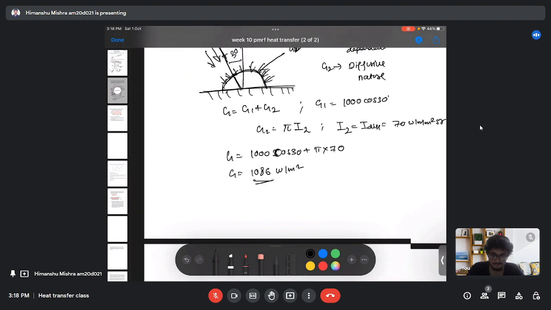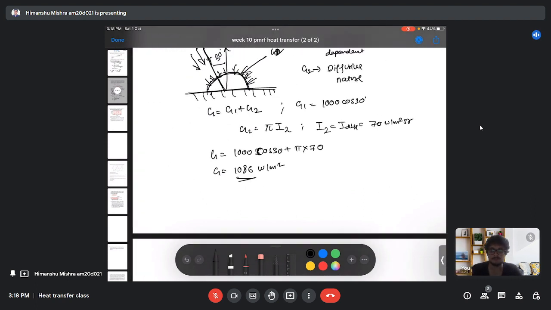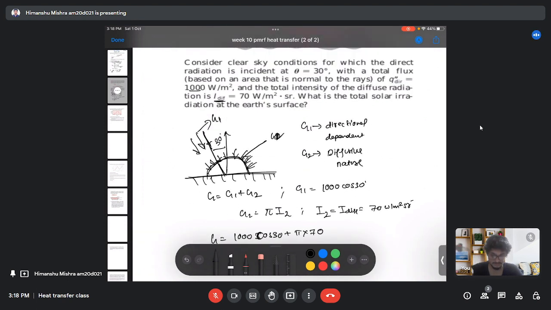So in this question, we are receiving the irradiation in two ways. First is directional dependent, which is coming through one particular direction, making an angle theta, and the other way is directional independent, where the radiation I am receiving is diffusive in nature.